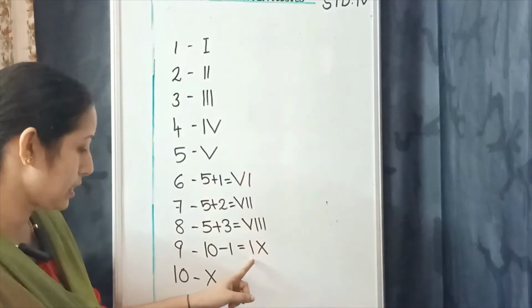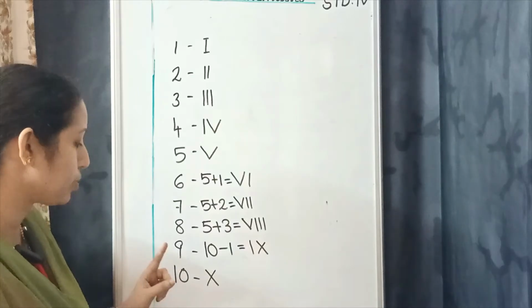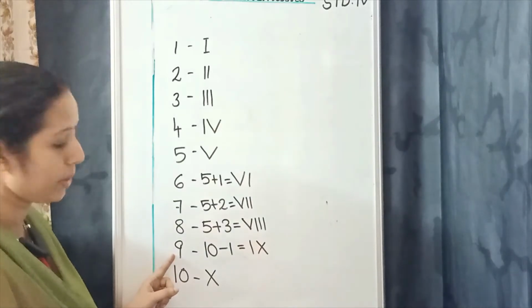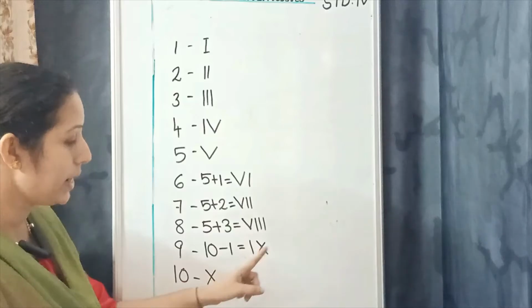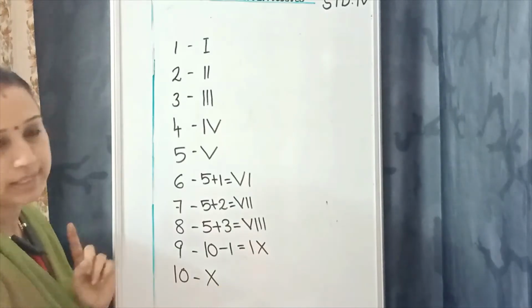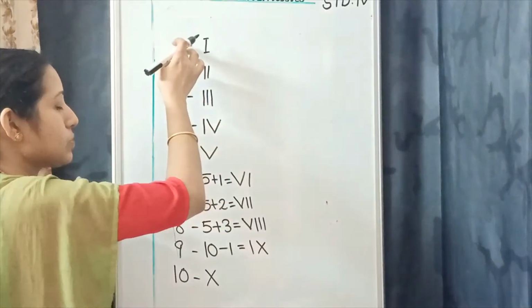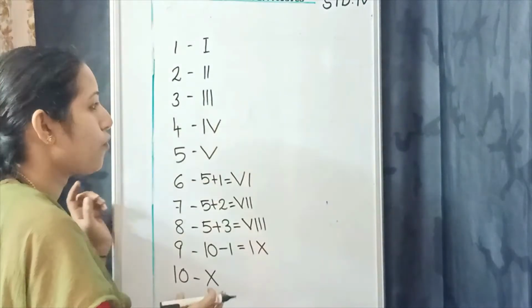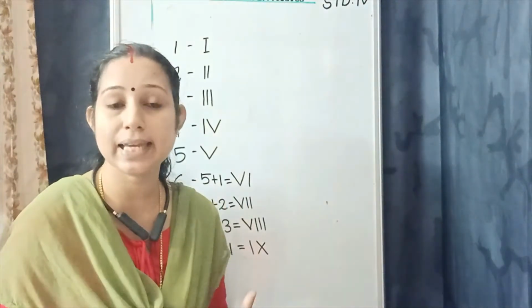So 10 minus 1. To write 9 in Roman numerals, we use I, X.